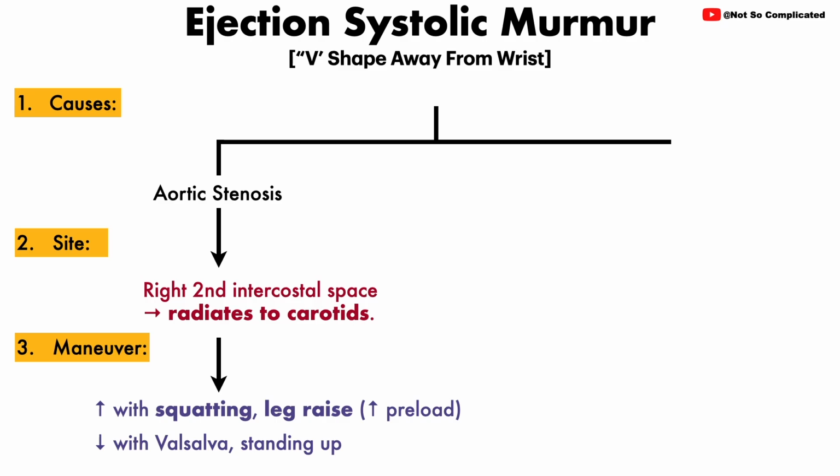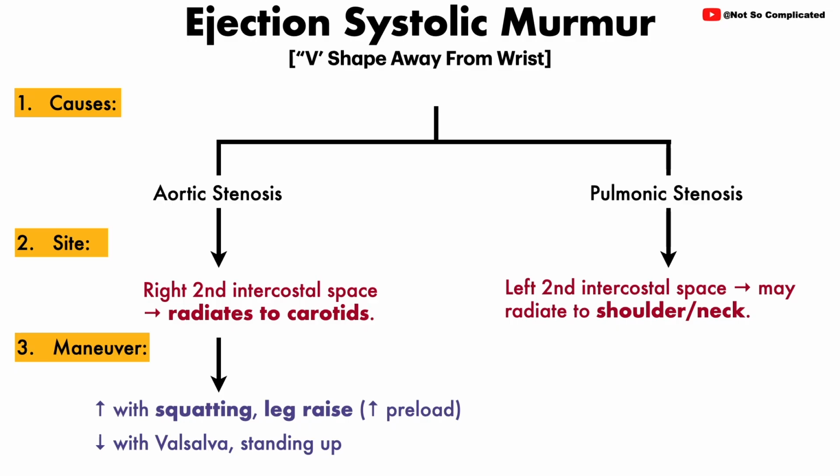But if you do the Valsalva maneuver or standing up, that will decrease the intensity of the murmur. The second one is pulmonic stenosis, heard in the left second intercostal space, and it may radiate to the shoulder or neck. The maneuver is that it will increase with inspiration.